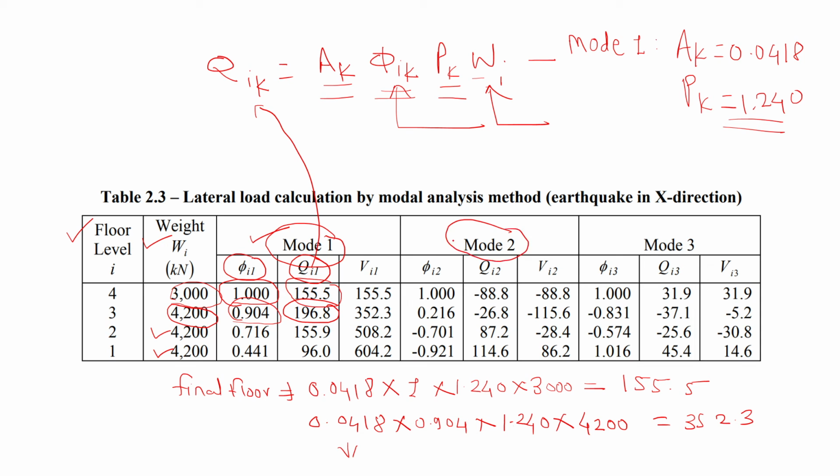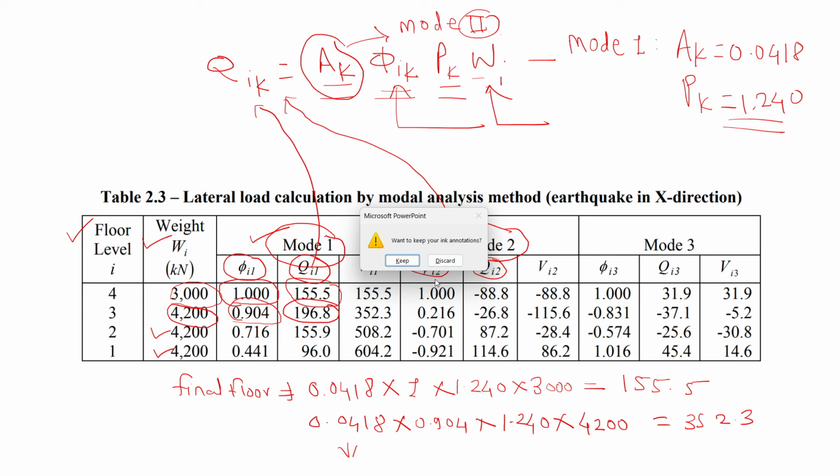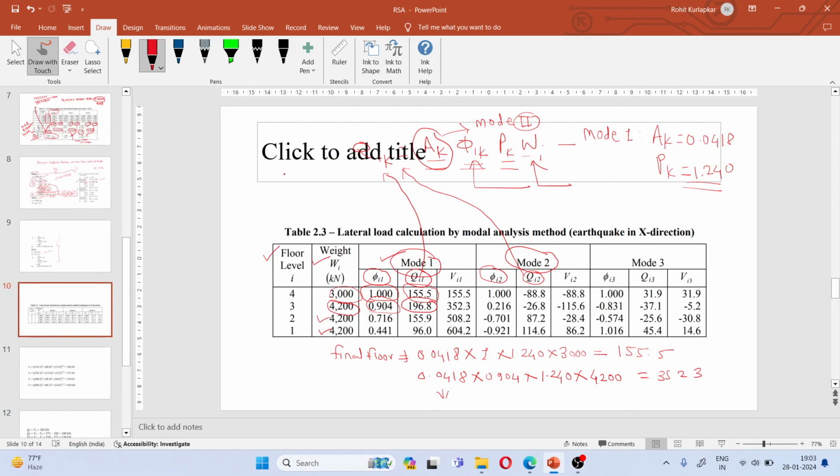Now for mode 2 you have these values, and how will you calculate? Again use this formula. Here you have to consider the AK value of mode 2. I will show you one sample calculation for mode 2.